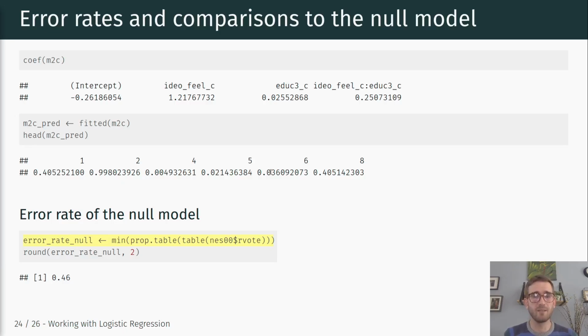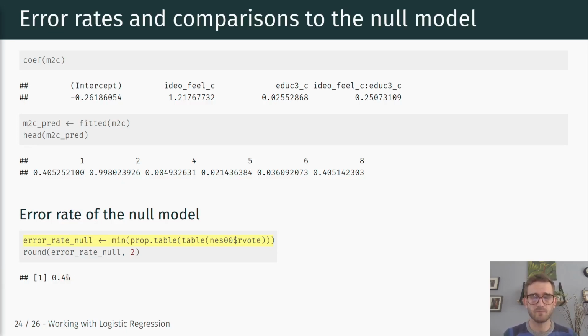So this is the baseline that we will compare our logistic regression model fit to. We're not starting with 0% correct predictions, or 50% correct predictions. We're starting with the number of correct predictions if we just assign the modal category to each individual observation. In our case here, where we're predicting Republican vote share, this error rate is 0.46.